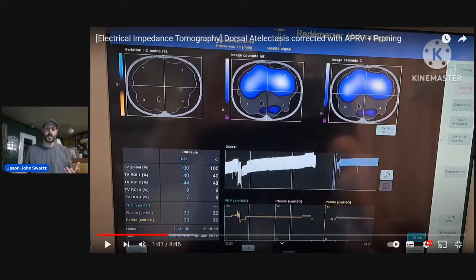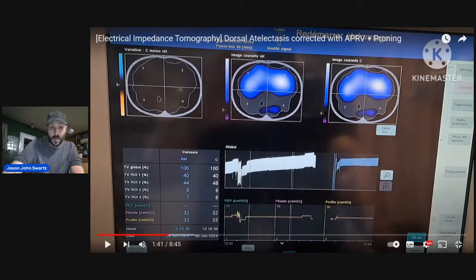So my idea, my suggestion was, and I've done this 4 times so far, I think I have 3 videos of exactly this: trying conventional, going to APRV, still doesn't do the trick, but then flip onto the prone position, put pressure on your most compliant ventral areas in a way to protect them and encourage the power of the vent to go to the dorsal area where we want to open up.